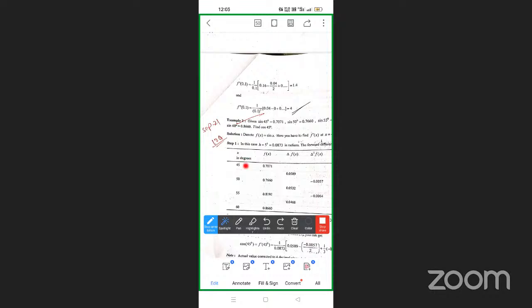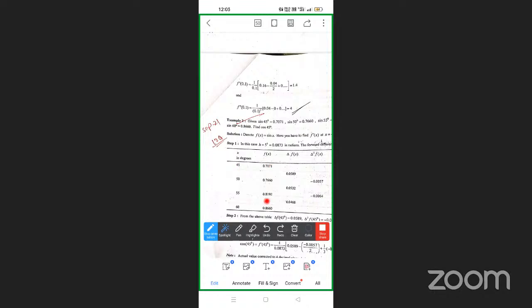And f of x is sine 45 value 0.071, then 0.76, 0.81, 0.866. So these are the x values, and these are the f of x values.